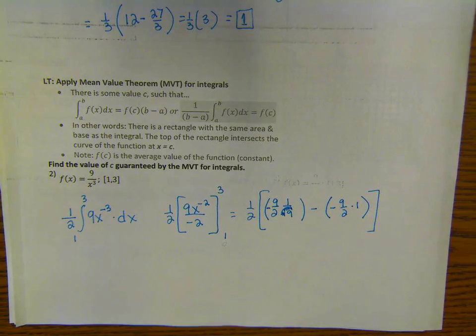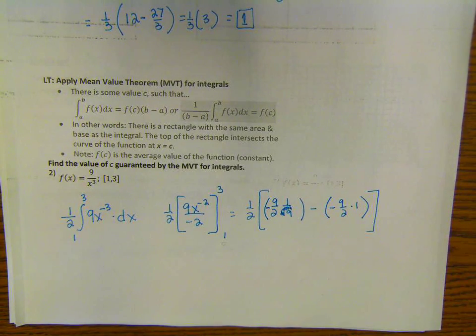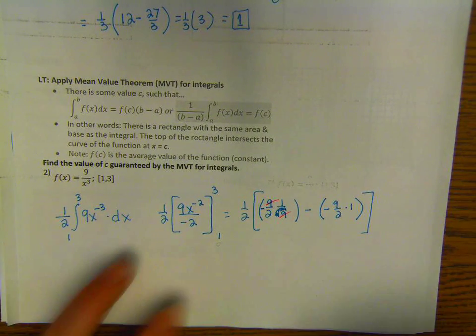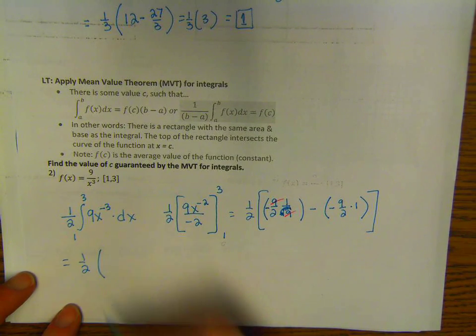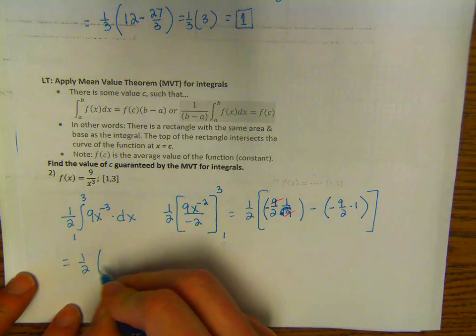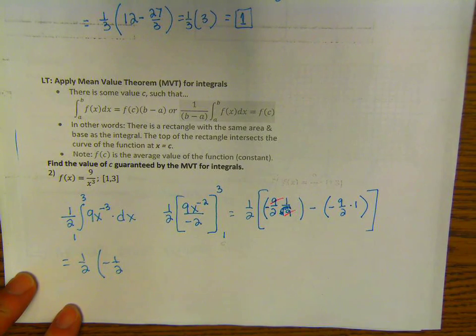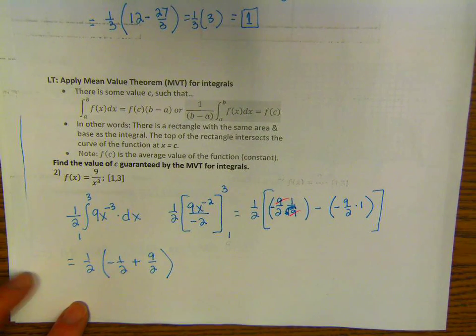Okay. So now let's simplify. Wouldn't the 9s cancel here? Yep. So I have negative 1/2 minus a negative 9/2, which would be that, correct?